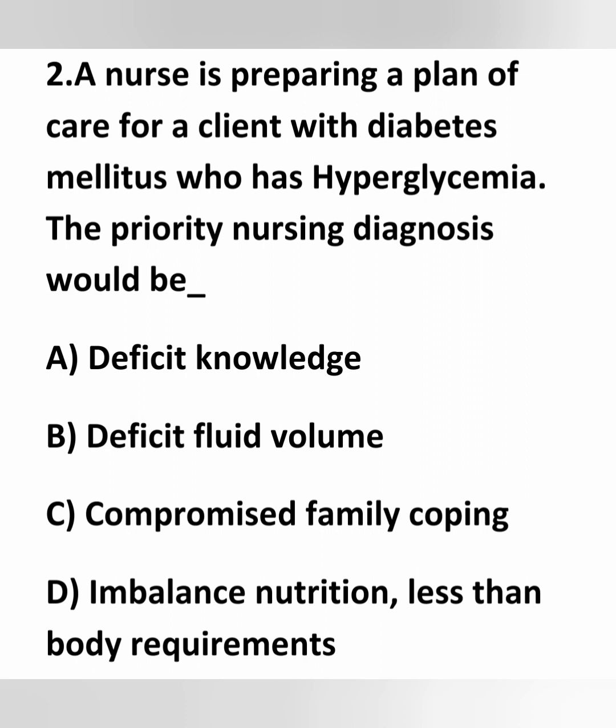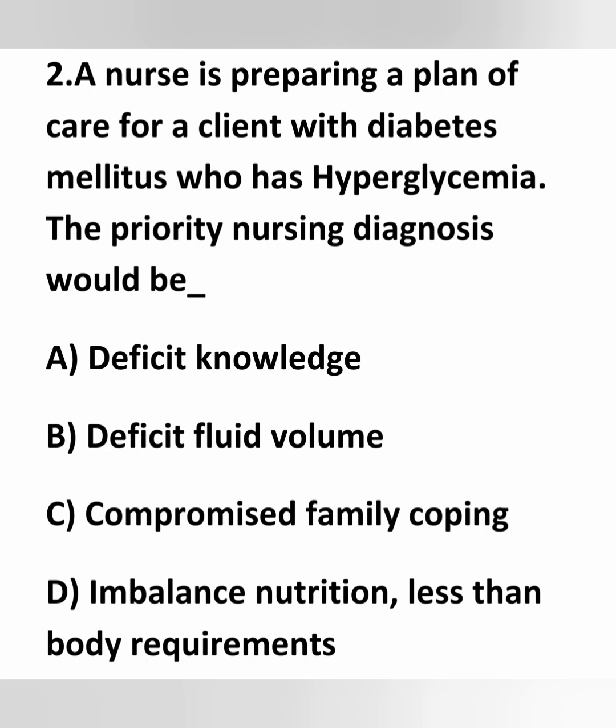So a nurse is preparing a plan of care for a patient with diabetes mellitus, that is hyperglycemia, meaning increased blood sugar level. Diabetes mellitus is a metabolic disorder characterized by high blood glucose level in the body. So what priority nursing diagnosis can she formulate in case of a diabetes mellitus patient? We saw the options.